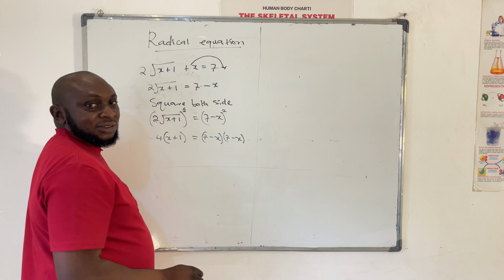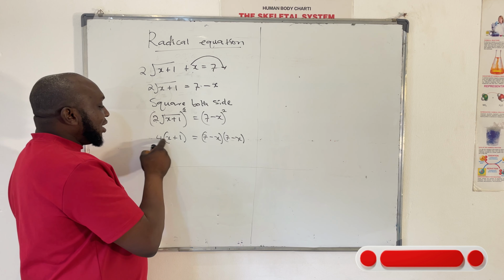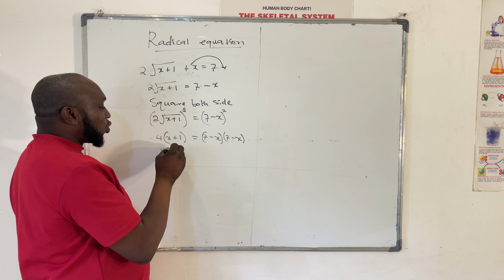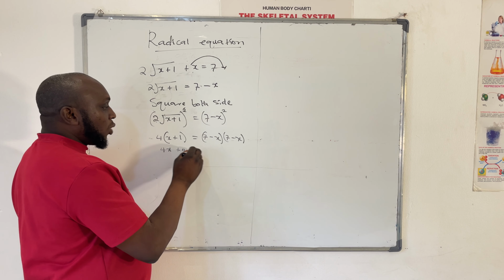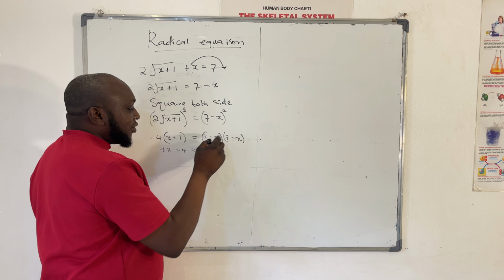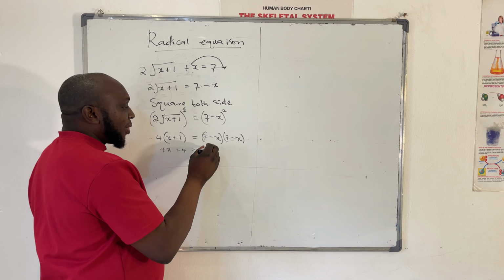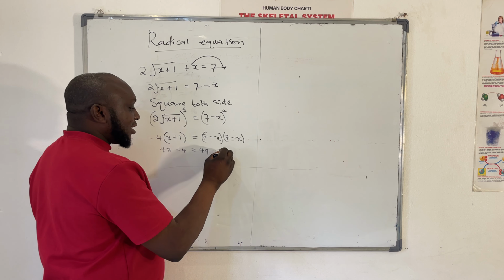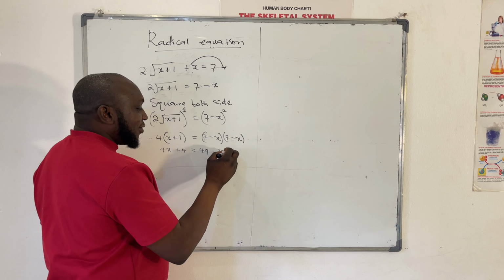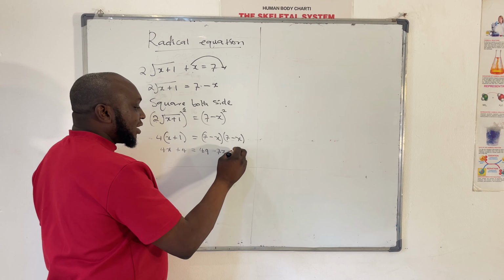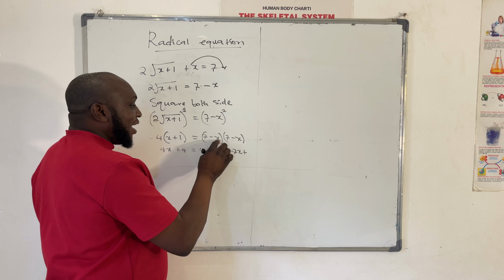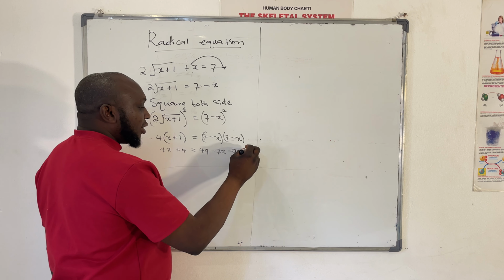So what do we do next? We expand. This time this gives us 4s, and this gives us plus 4, is equal to 7 times 7, which is 49. 7 times minus s is minus 7s. Minus s times 7 is minus 7s. Then minus times minus is plus. s times s is s squared.